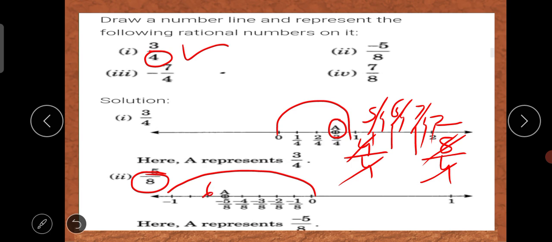This one will be 6 upon 8, 7 upon 8 and the last one will be 8 upon 8. They told us to mark minus 5 upon 8, so 5 upon 8 is marked here and it is shown by A.